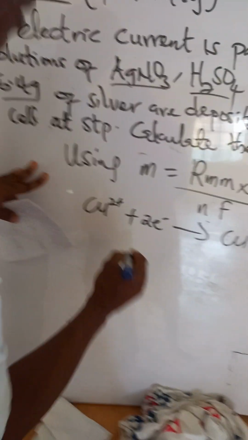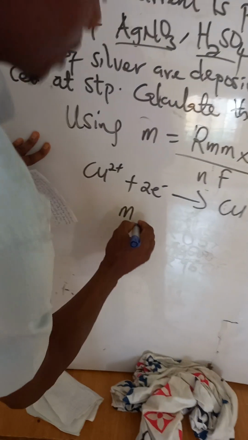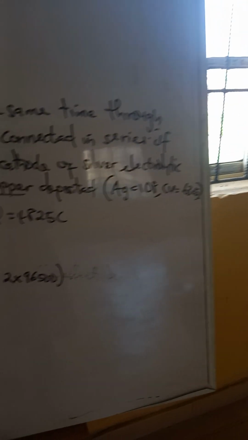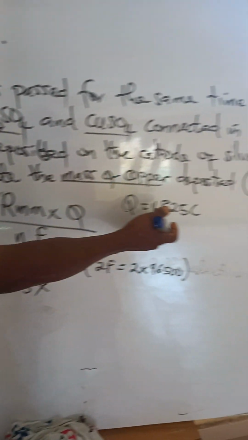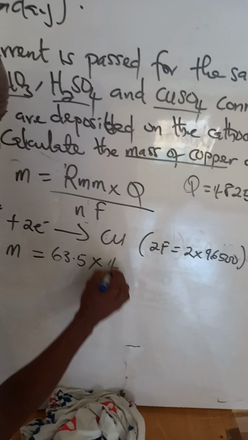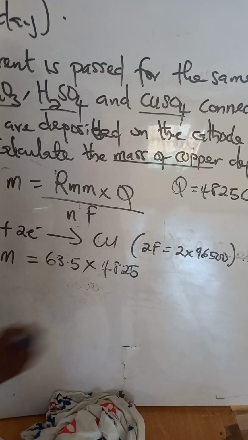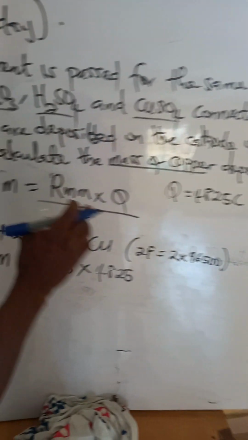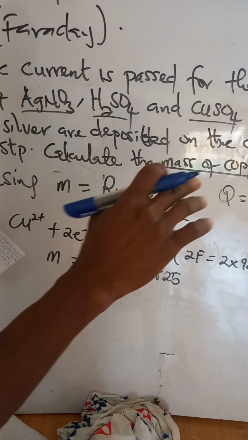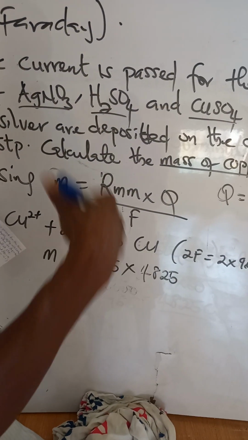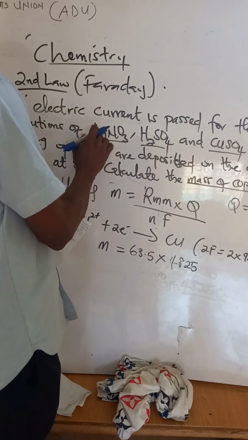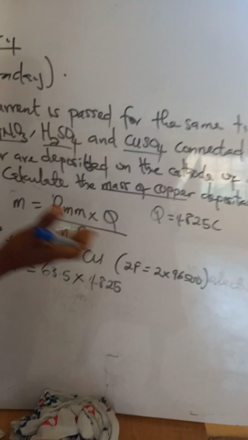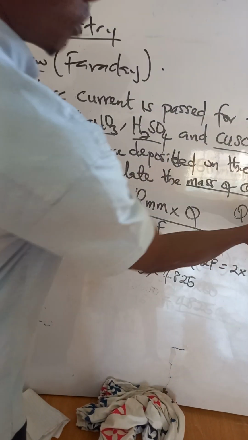So let's put everything into the equation. M, mass of copper deposited, is equal to RMM, relative molecular mass, that is 63.5, multiplied by the quantity of electricity that has been calculated, 4825. I hope you remember that anytime the electrolytic cells are connected in series and they didn't give us the quantity of electricity, we can calculate it from the one given, because the same current will pass since they are connected in series. That is why we did this before.